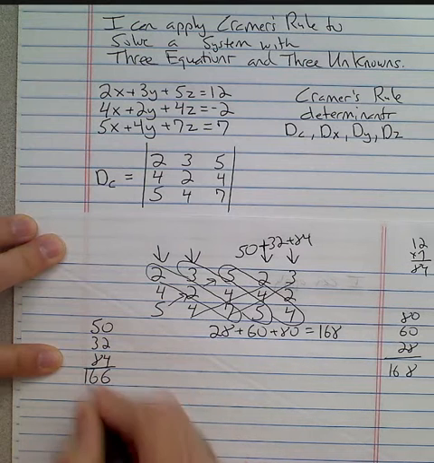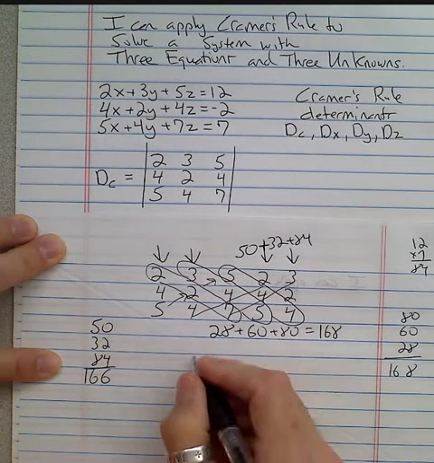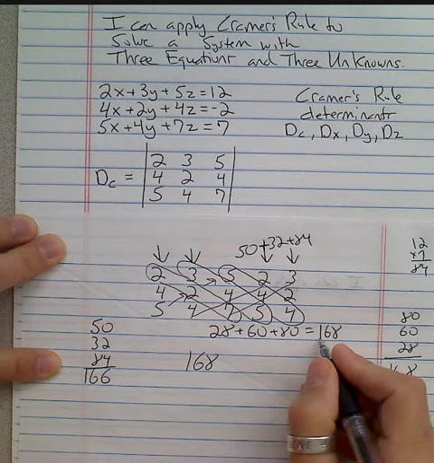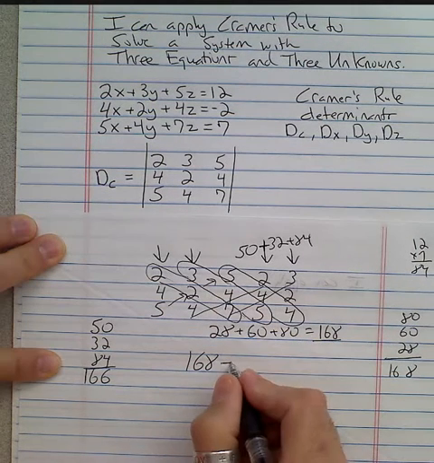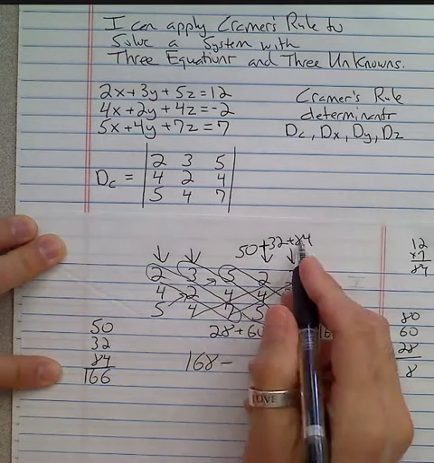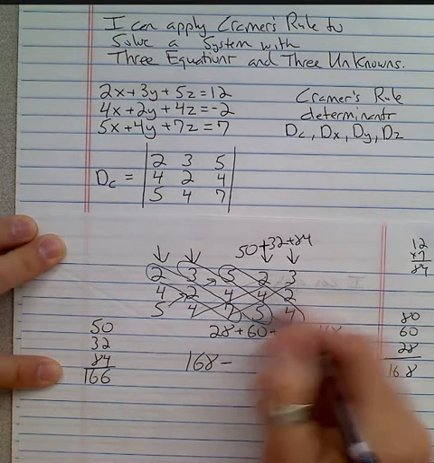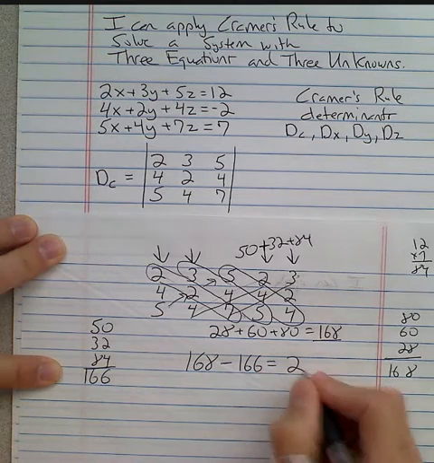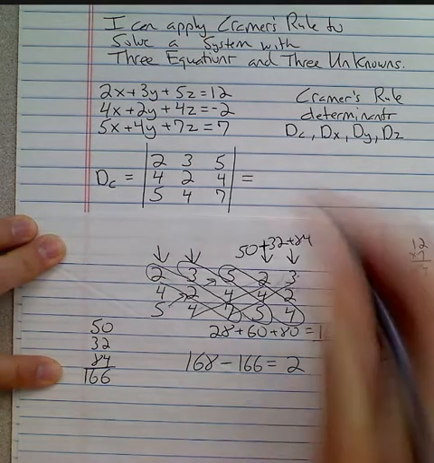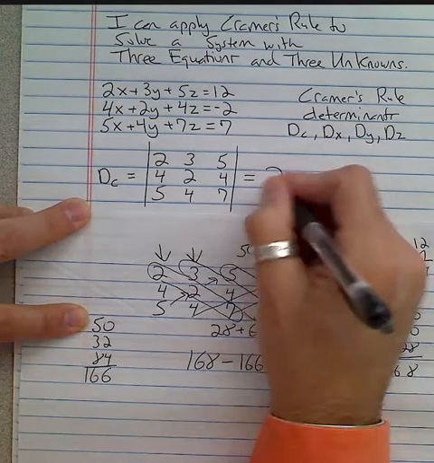And we get 166. We would then take the sum of the products in the diagonals going down minus the sum of the products in the diagonals going up. And that would give us 2. So the value for determinant C is 2.